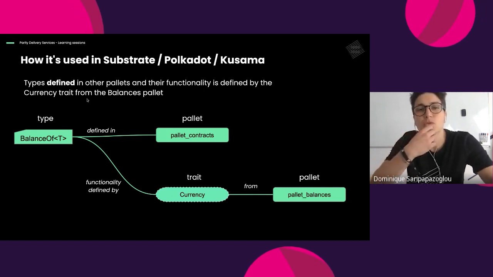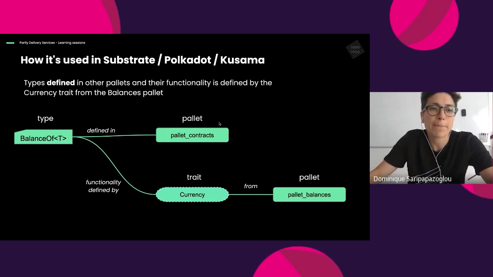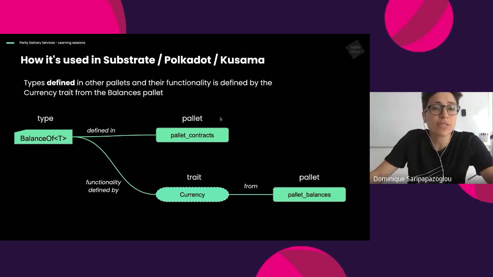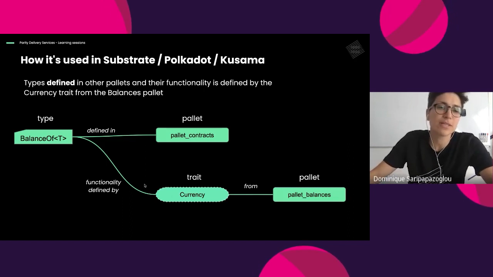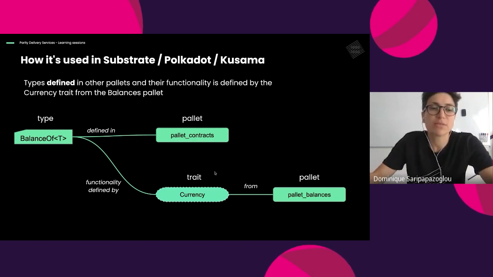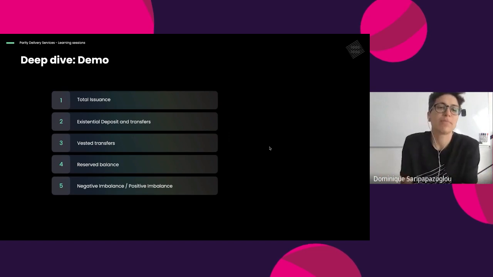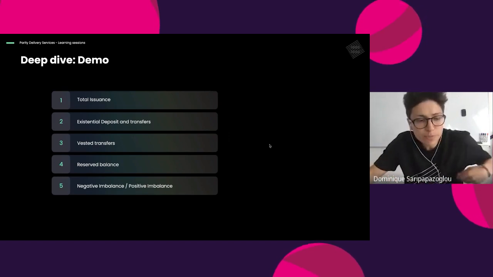I chose the balance of type that's defined in pallet contracts, for example, but its functionality is defined by the trait currency, which is implemented in the balance pallet. That's it from the dependencies, and I will pass it to Alex.